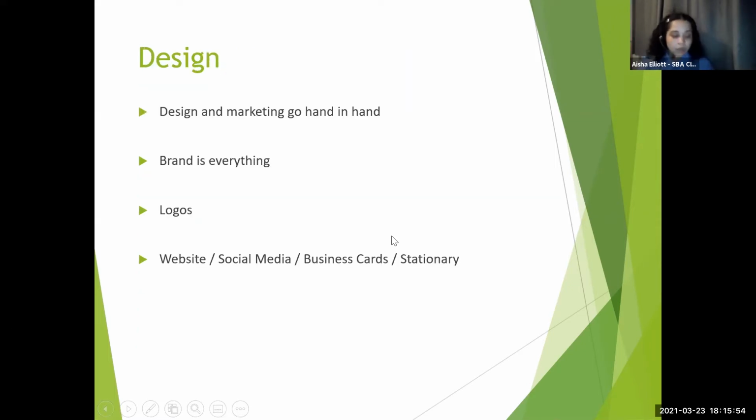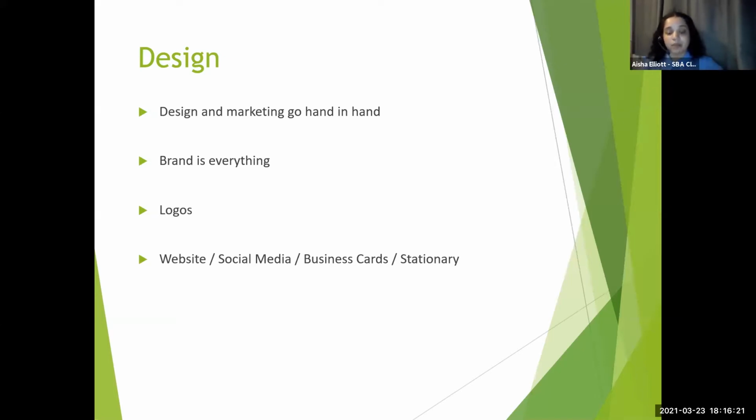So we're now going to just move on and have a very quick look at design. So design is a really important part of your business. A lot of people tend to ignore it and don't understand how vital it is, but design and marketing go hand in hand. The design of your brand is everything.